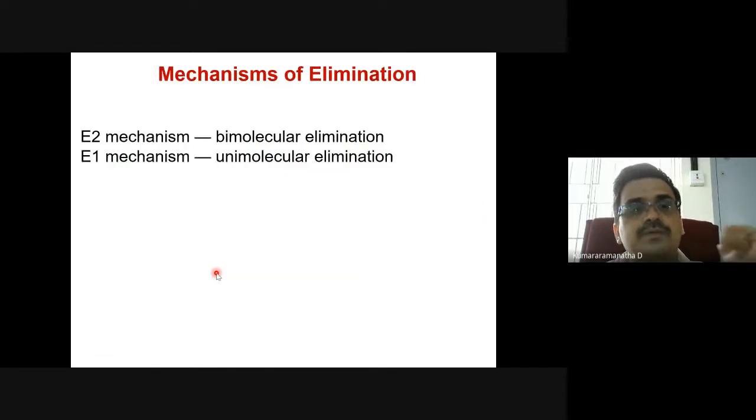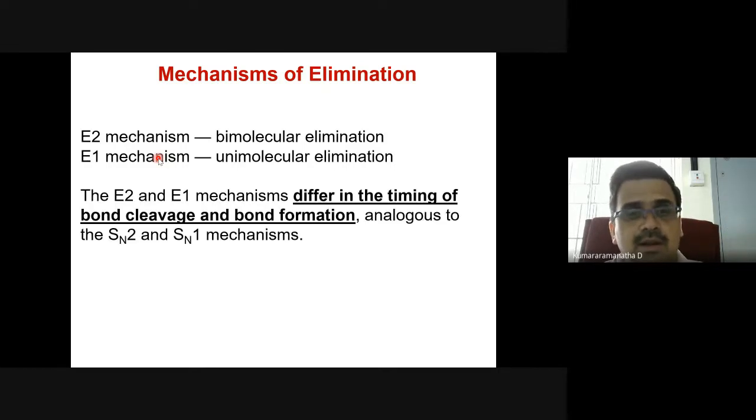Now, if you want to understand different mechanisms in elimination, like SN1 and SN2, in the case of elimination reactions we have the E1 mechanism and the E2 mechanism, which are unimolecular and bimolecular kinds of elimination. Same as before, 2 means bimolecular, 1 means unimolecular reactions.